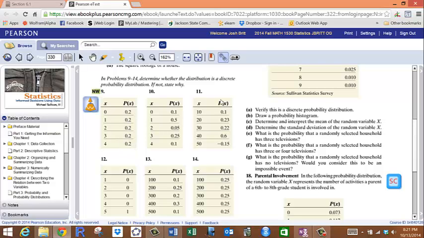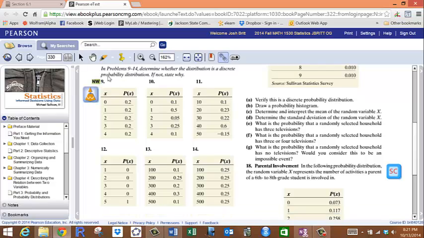So let's check both criteria. Number 1, does the sum of the probabilities add up to 1? So we'll just add these up, 2, 4, 6, 8, 10. So yes, the sum of these probabilities is 1. And then the other thing that we want to check is just to make sure that all the probabilities are between 0 and 1. So this one would be yes.